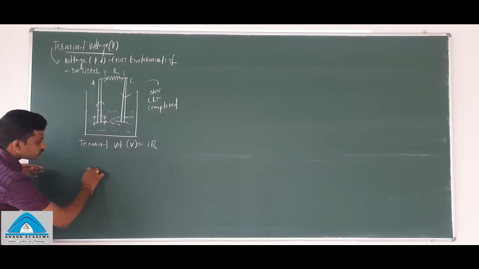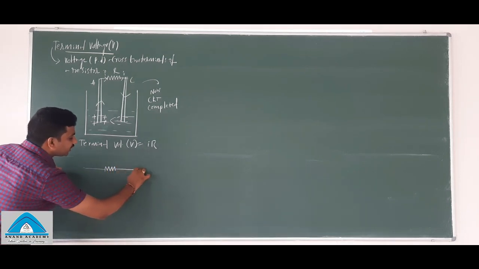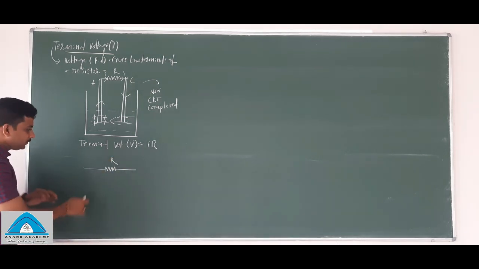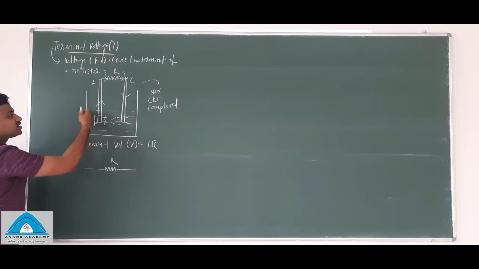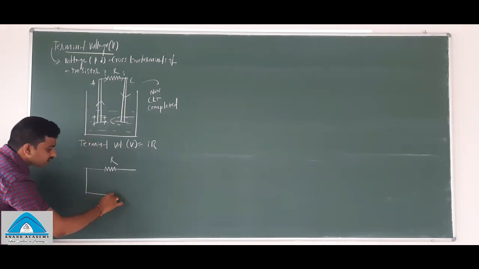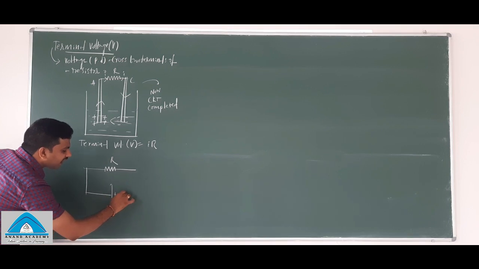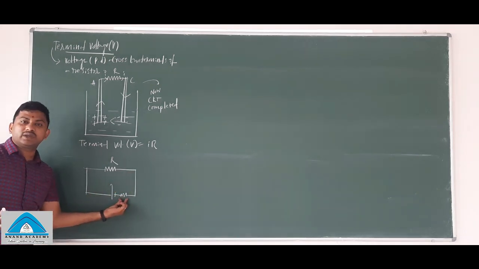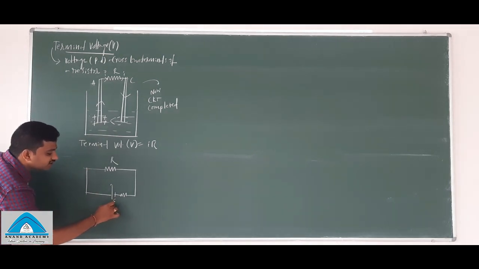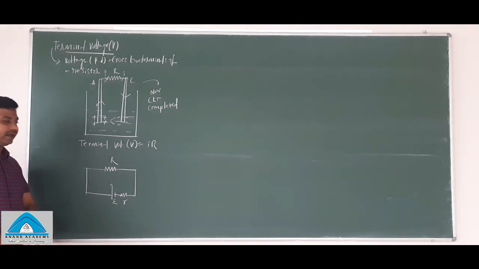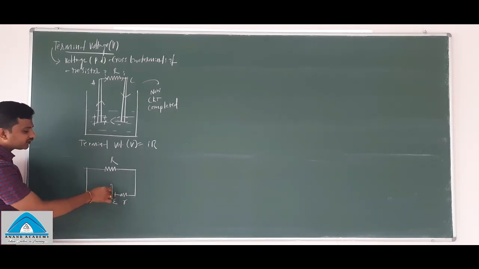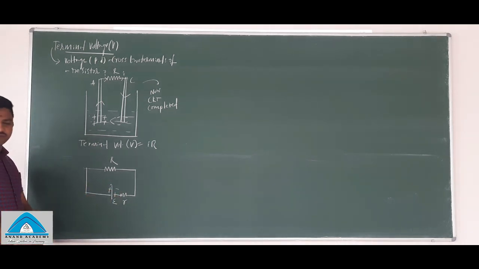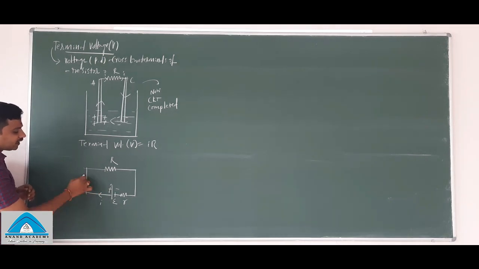Look at here. There is an external circuit, external resistance R is here, and it is connected to the cell, right? This is the cell having EMF and internal resistance. Sometimes the internal resistance may or may not be given. In that case, they will give this as EMF and this as r. This is the external resistance. Now it's a positive terminal here, negative terminal is here. Now the current started flowing.